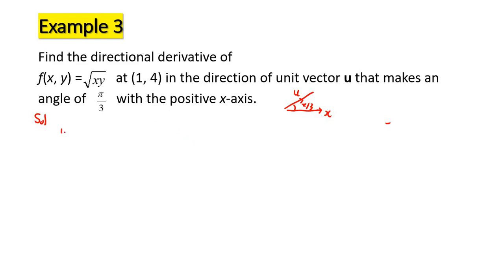So you know that the i component of u will be cos, because u is a unit vector, so the i component is cos pi over 3. The j component is sin pi over 3 j.